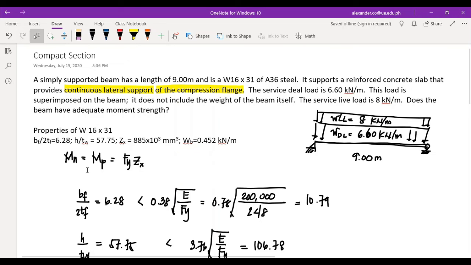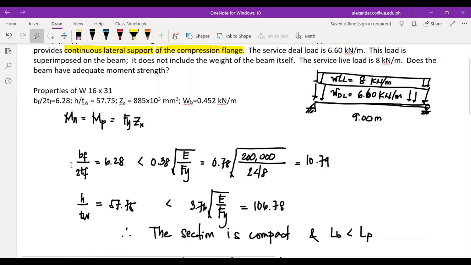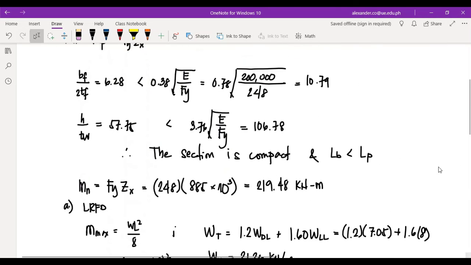Pero, sinasabi ng rule, kailangan mo ding i-check yung bf over 2tf, for both the flange and the web, if the section is compact.